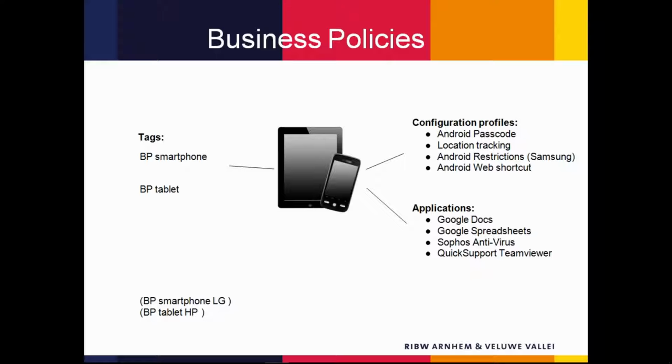Later on you will see an example of the applications that are pushed by the business policy. We are also currently testing a business policy for a new smartphone from LG, and a business policy for a tablet from Hewlett Packard, the HP, which we are testing at this moment.